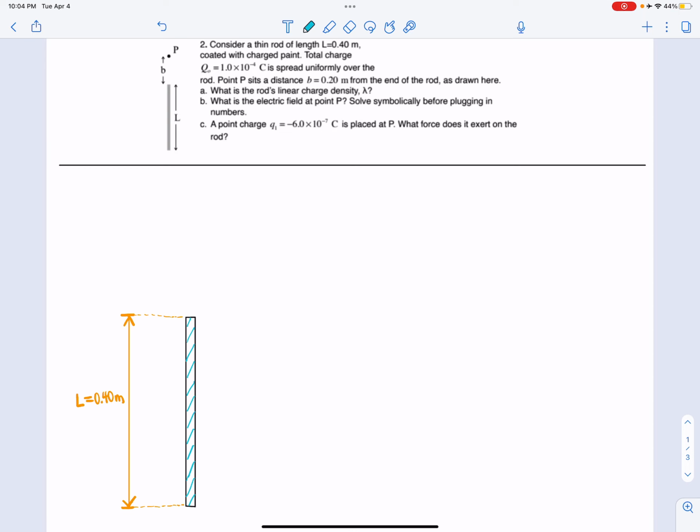And that charge is Q naught, which is equal to 1.0 times 10 to the negative 4 coulombs. And again, that charge is a uniform charge on the rod.